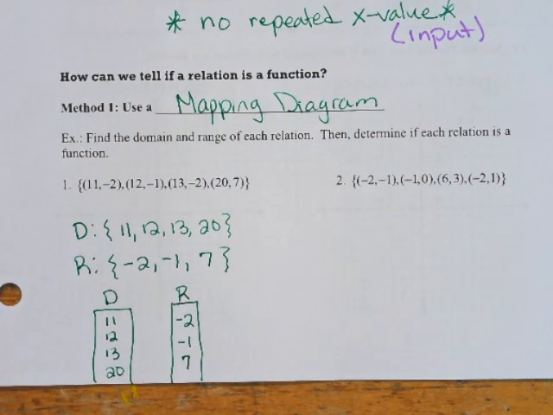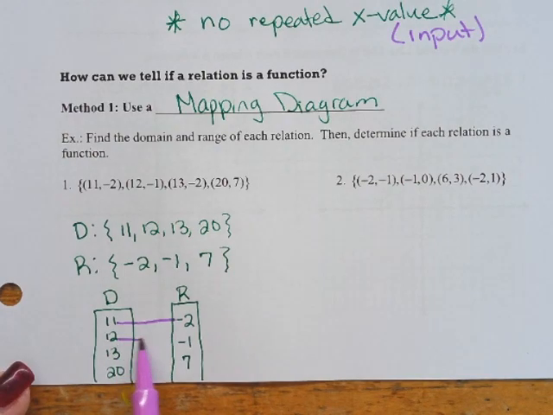Then to see if anything is repeating, I am just going to take my domain and match it to the range. So my domain for 11 matches what? -2. My domain for 12 matches what for my range? 13 matches 7. -2.